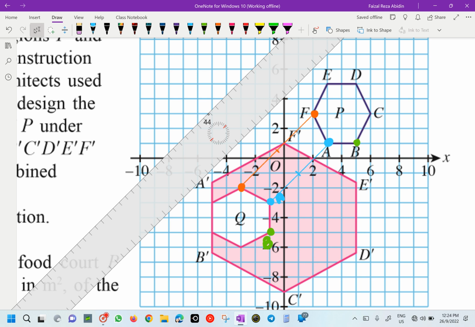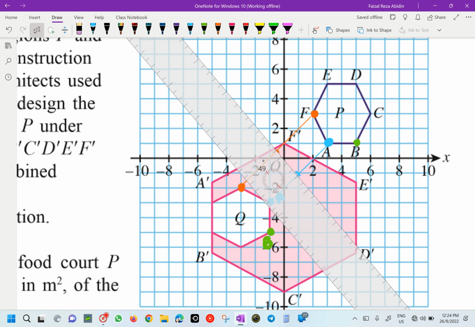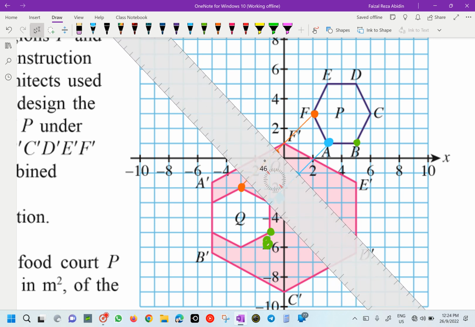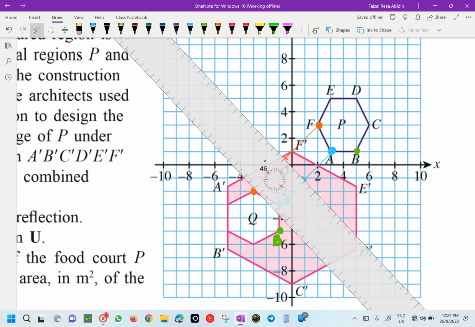So the axis of reflection here, what is it? This one. y equals negative x, isn't it? Why do we have y equals negative x? If y equals x, it is inclined to the right.